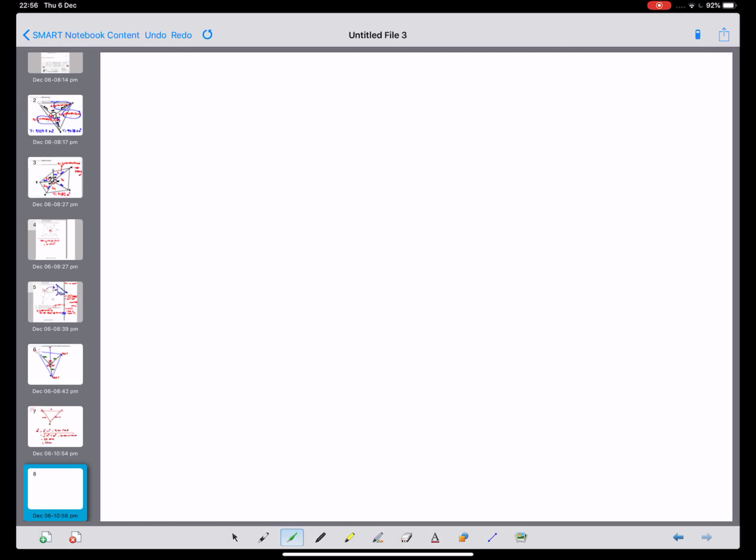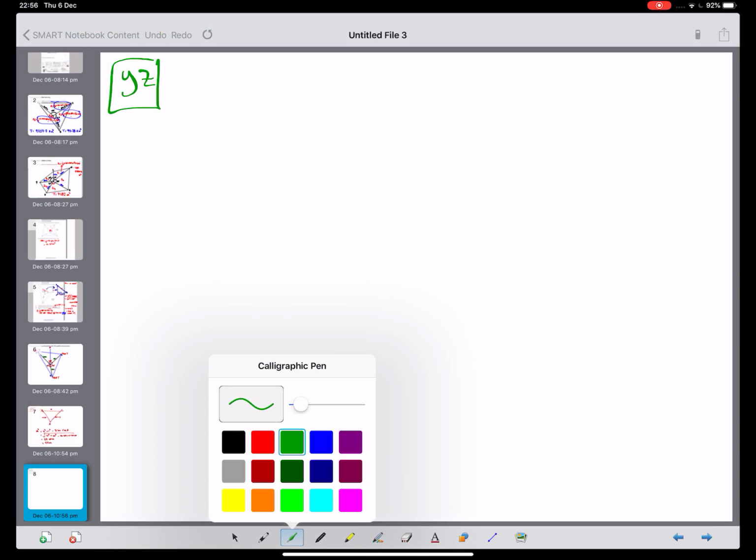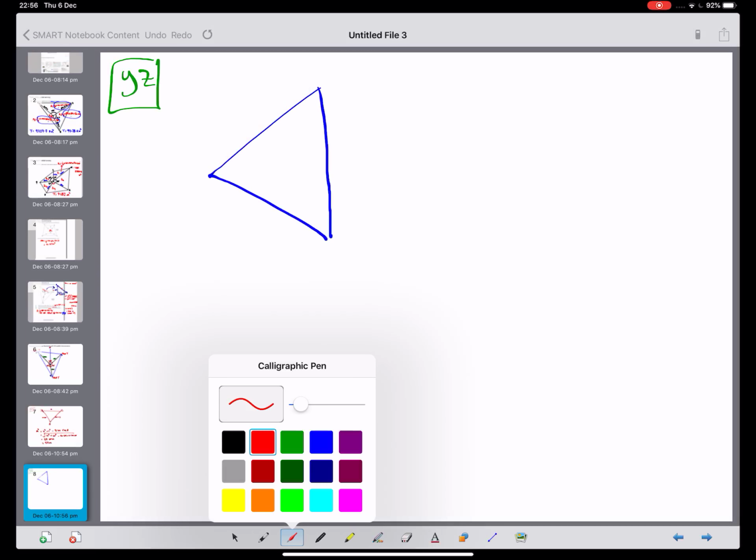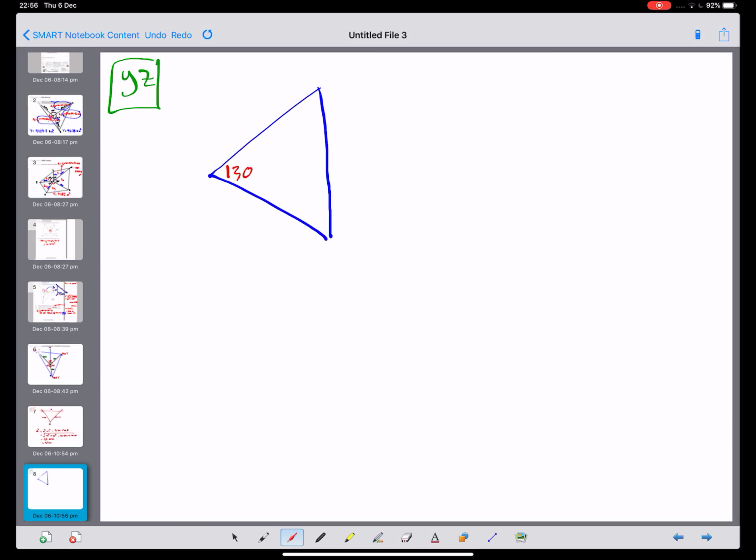Okay, so we've got distance YZ. Okay, so let's draw the triangle in. Let's use different colours this time. Okay, so we've got this triangle here. We've got 130. Let's call this A. Call this distance A. We've got B and we've got C. Okay, we know this distance is 15. We know that B is 12.